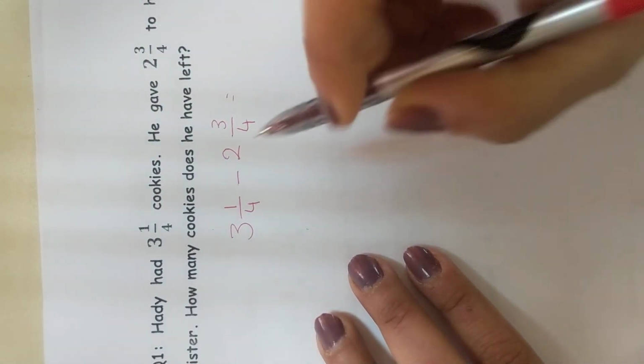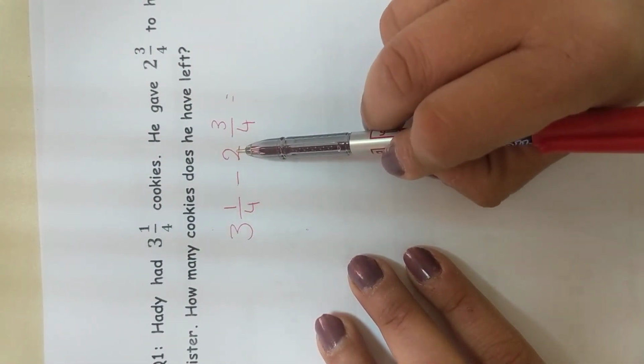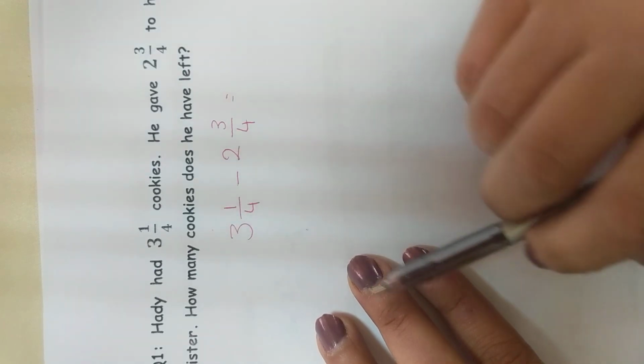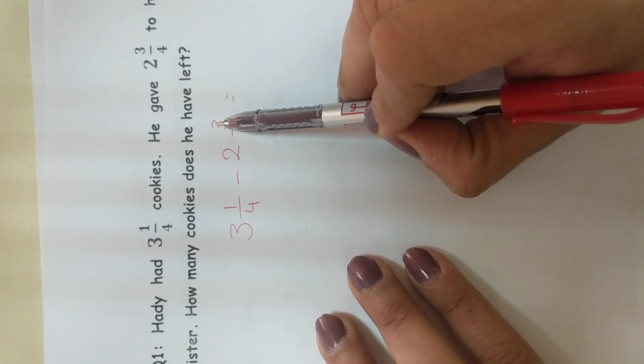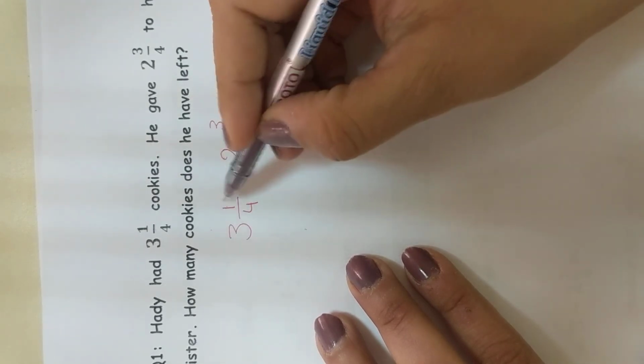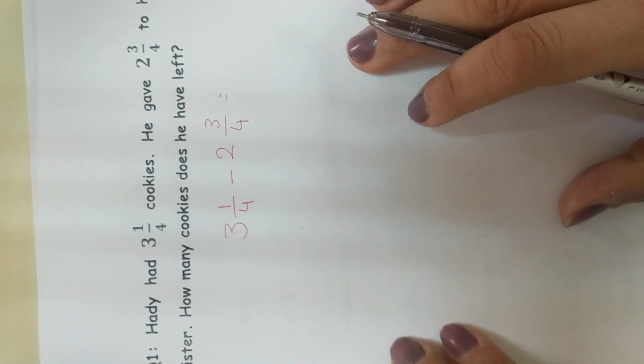We're going to check. 3 minus 2 can be, yes, 3 is bigger than 2. But if I check here, 1 minus 3, it can't be. So I have to change my mixed number into an improper fraction first.